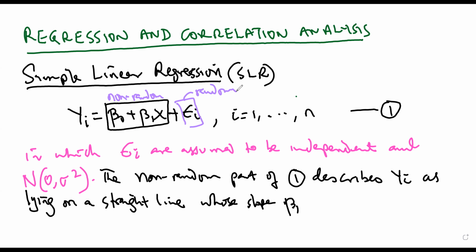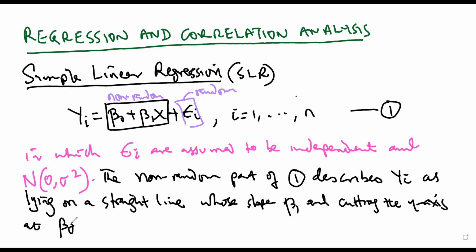So we're saying that the non-random part describes y as lying on a straight line whose slope is given by beta 1, and cutting the y-axis at the point beta naught. So beta naught is the y-intercept. Okay.